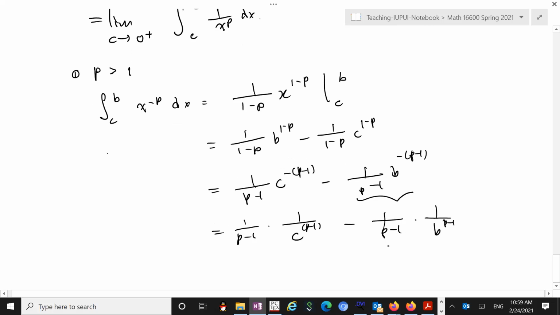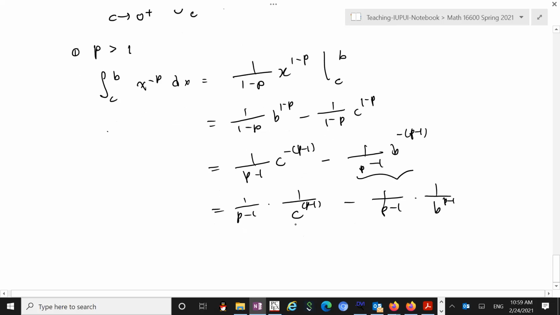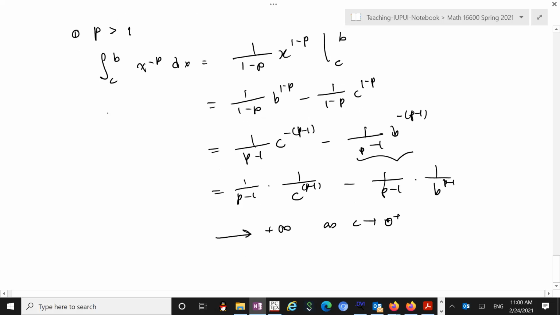This other term is finite. So when c approaches 0, because p minus 1 is positive, clearly this approaches infinity as c approaches 0 from the positive side. So we solve the case.